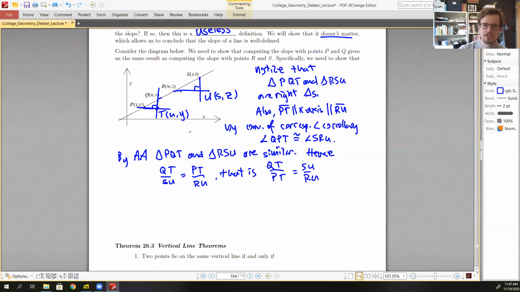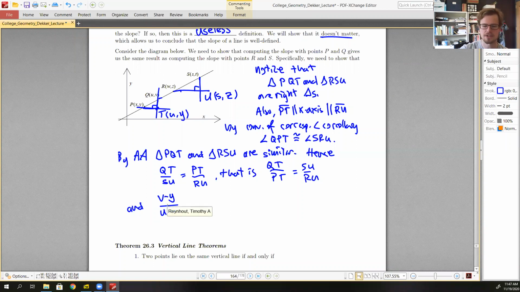And what good does that do us? Well, that's QT divided by PT is equal to SU divided by RU. Rise over run is equal to rise over run. So if we use the coordinates of those points, right, if we use our definitions of distance for horizontal and vertical lines, we get that V minus Y divided by U minus X. Right?